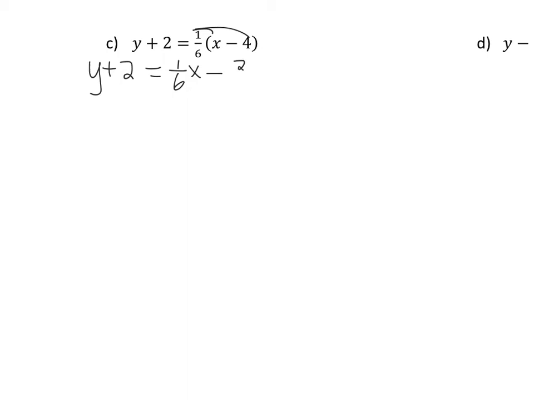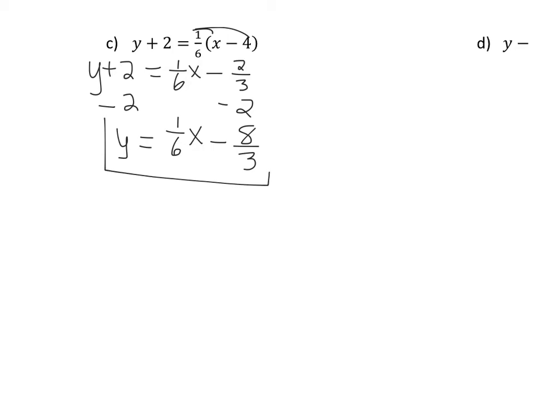You could leave it as 4/6, or you can reduce it. Doesn't matter. Next thing we need to do is get y by itself. So we're going to subtract 2 from both sides. y equals 1/6x. And now -2/3 minus 2 is -8/3. So here is our slope-intercept form of y equals mx plus b.